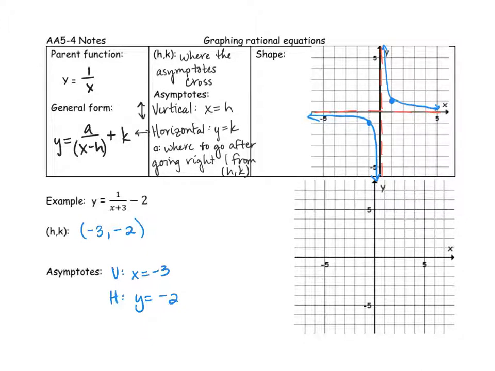So I'm going to go to x equals -3 and draw my dashed line to indicate my asymptote, and y equals -2 as a dashed line as well to indicate my other asymptote. And from HK, I'm going to go right 1 and up 1 and make a point, back 1 and down 1, make a point. So a point right there and a point right there.